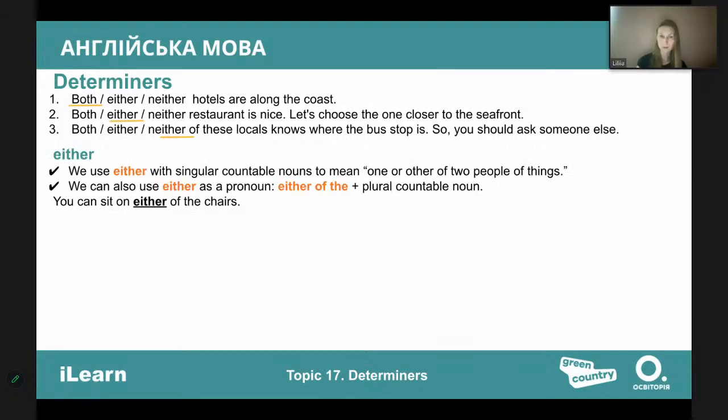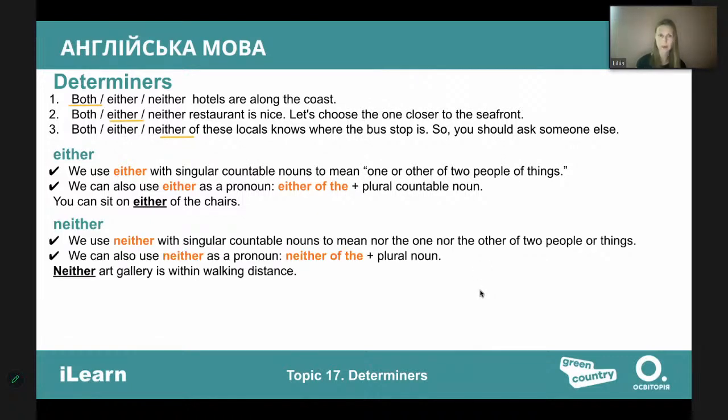So we use either with singular, в однині, countable nouns to mean one or other of two people or things. So if we choose in between two and we use them as singular, then we use either. Okay, and also we can use it as a pronoun, either of the chairs. Будь-який зі стільців. We use neither with singular, again, countable nouns. Again, to mean that none of two works for us.